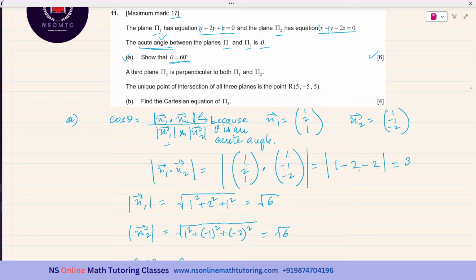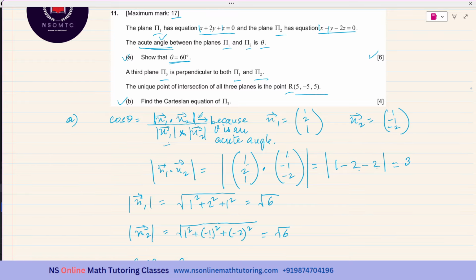We have shown that. Now a third plane pi 3 is perpendicular to both pi 1 and pi 2. A unique point of intersection of all the three planes is the point R with the coordinates (5, -5, 5). The question is: find the Cartesian equation of pi 3.